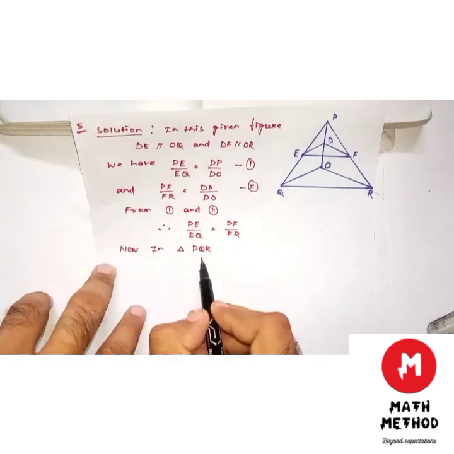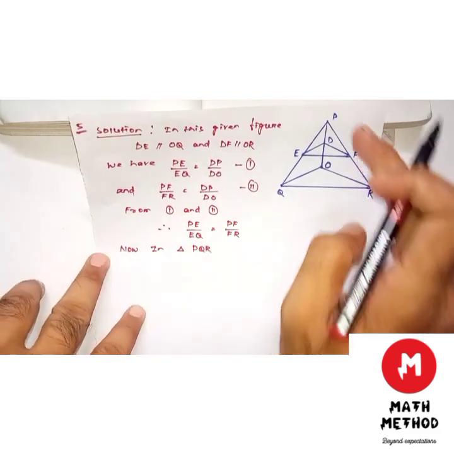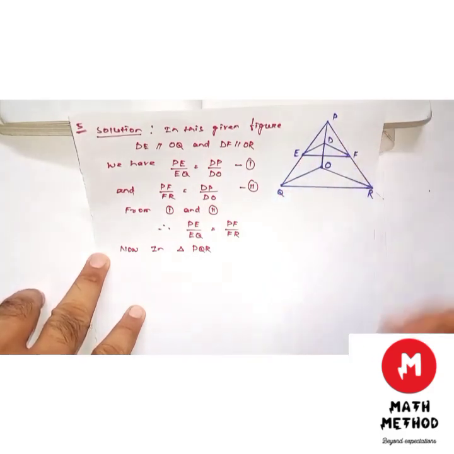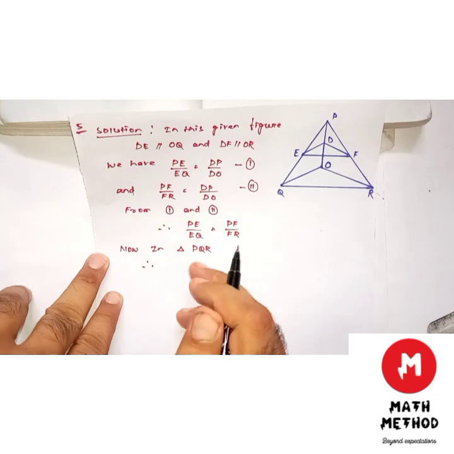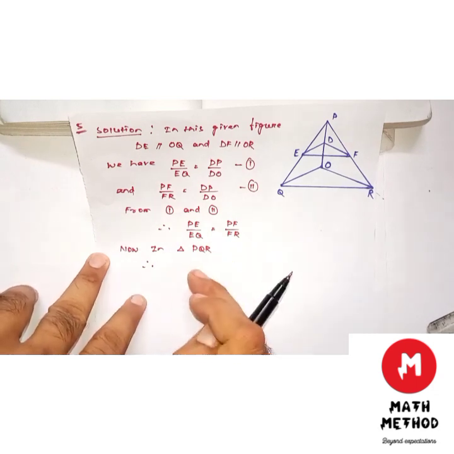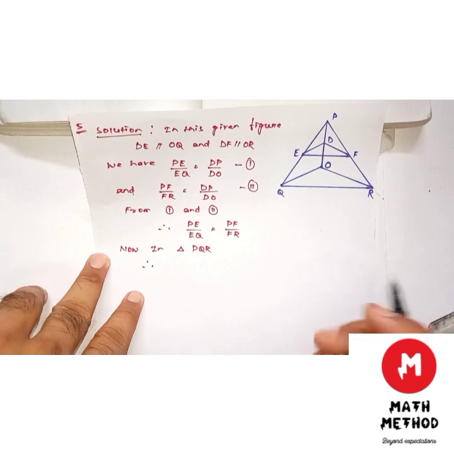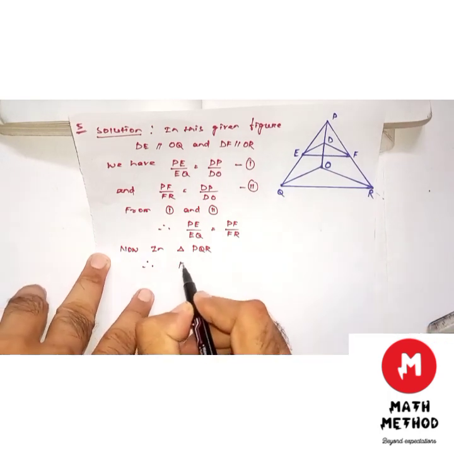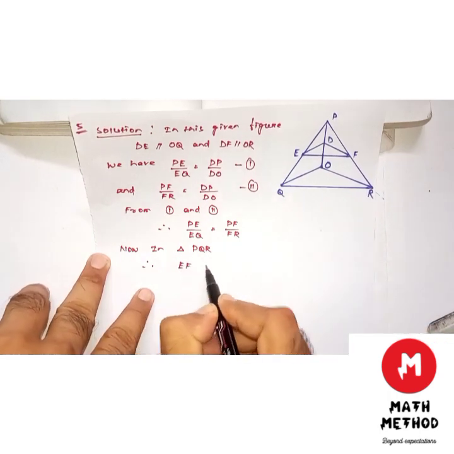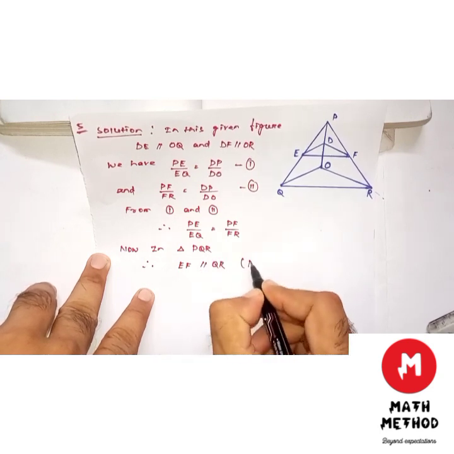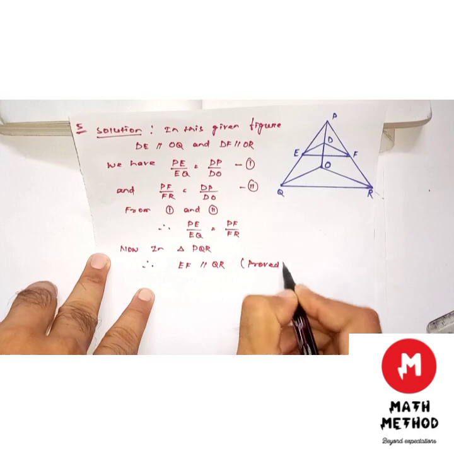Now in triangle PQR, we have proved that PE upon EQ is equal to PF upon FR. So, therefore, by the converse of basic proportionality theorem or the converse of Thales' theorem, we got EF is parallel with the third side, that is QR. This is our proved. Clear?